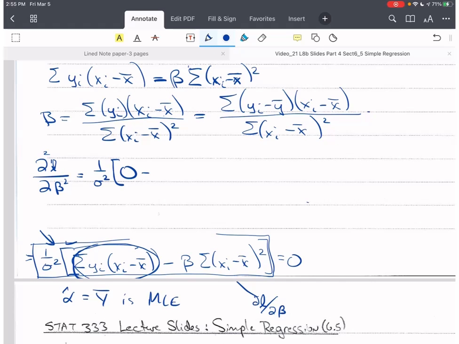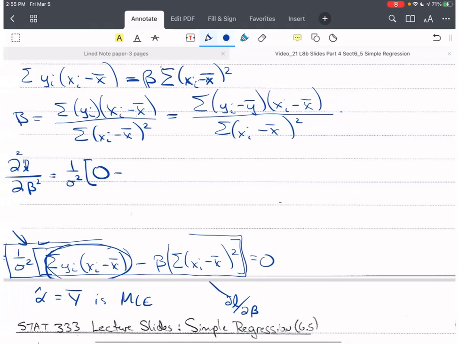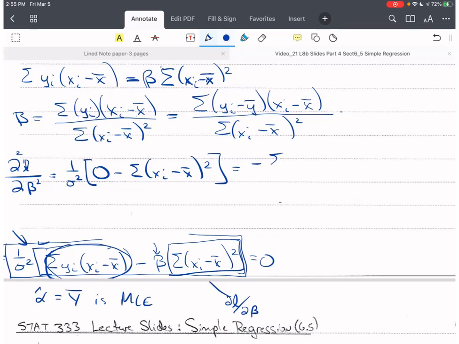And then I have minus. Remember, with respect to beta, this summation is a constant. So I take the derivative of beta with respect to itself, it's 1, and I end up with negative sum of (xi minus x bar) quantity squared. So this is the negative sum of (xi minus x bar) squared over sigma squared, which is less than 0 because these are squared values.